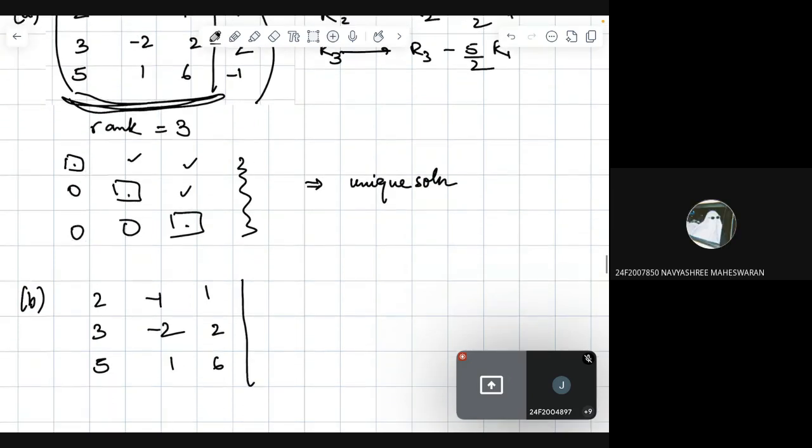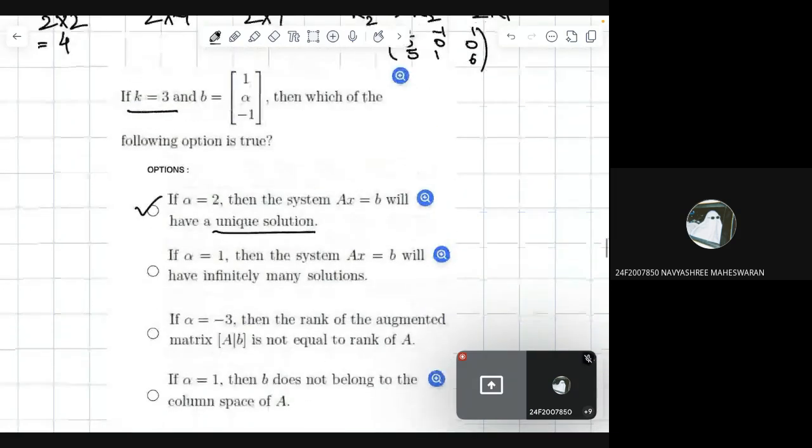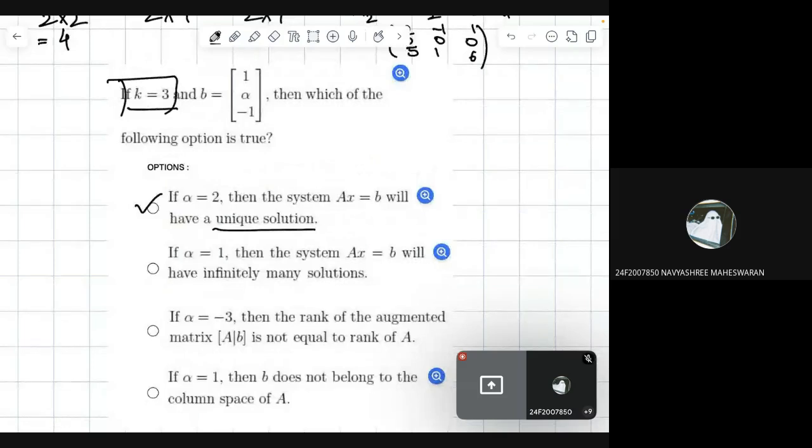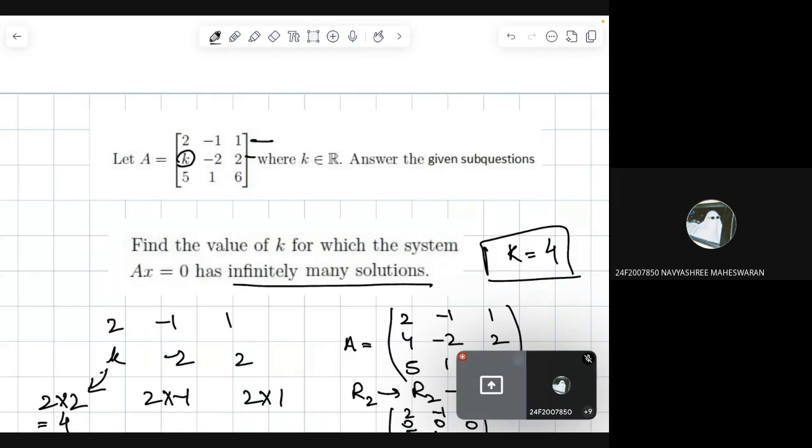Ma'am, value of k is 1, right? Like they said if k is 1, then it should have infinitely many solutions for the second option. K is 3. In the second option, if alpha is 1, then I should have infinitely many solutions. Yeah, alpha is in B. Okay, I'm sorry, ma'am. Okay, alpha is in B and k is from here, right?